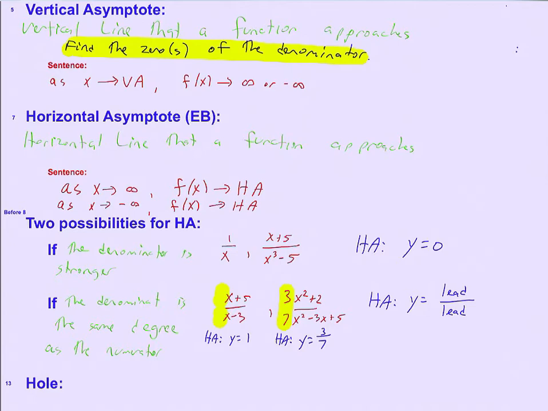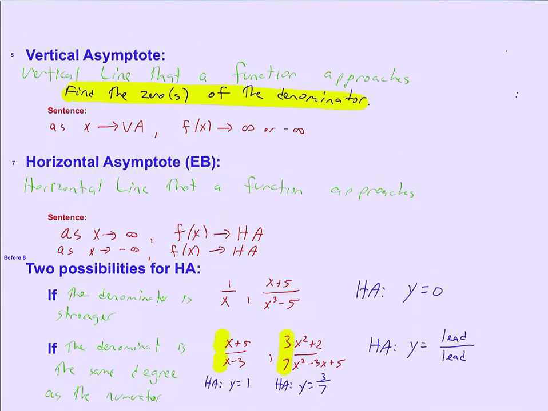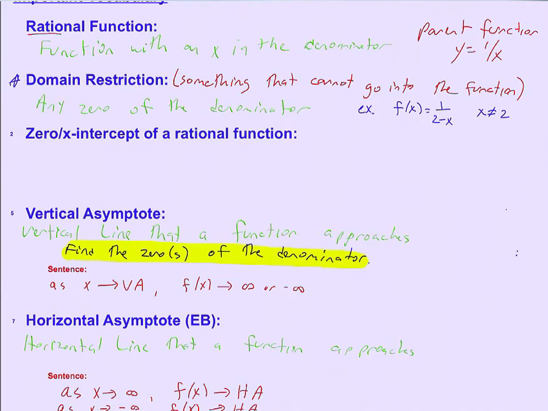Okay, so we've got a lot so far. We have described the vertical asymptote and the horizontal asymptote. I'm going to go back and describe one more piece of the rational function that you always have to look at, and that is the X-intercept. We learned a lot about X-intercepts and zeros last unit. That was pretty much the point of the whole unit. This unit is not very different.